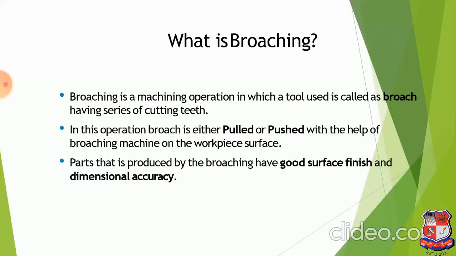With the help of this broach, we will be pushing or pulling it on the workpiece, and because of that pushing or pulling action we will be creating a slot. So broaching is largely used for generating slots or splines, or it is also used for finishing, right? And here the dimensional accuracy is very good.